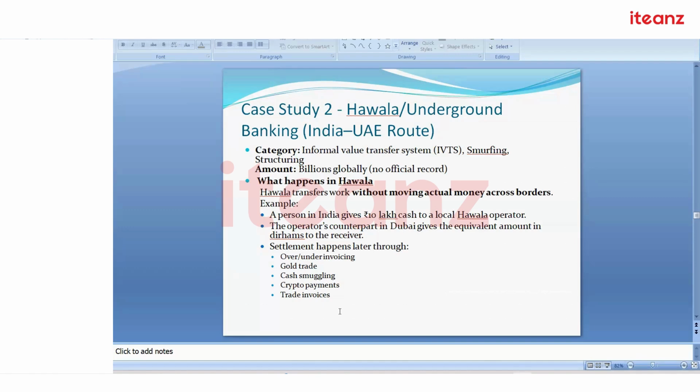There is no bank involvement, no financial institution involvement. It is totally human-based. So this is a very dangerous thing, and finding this kind of thing is very difficult. And this can be not only inside India, it can be global.